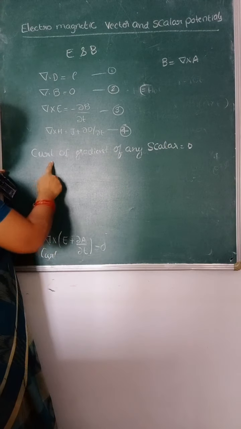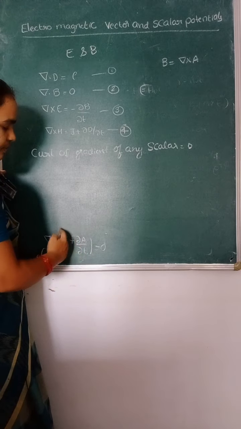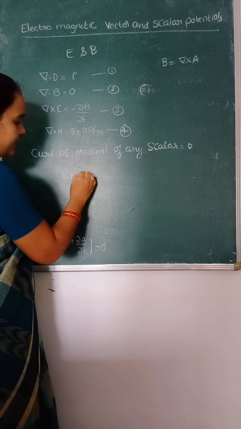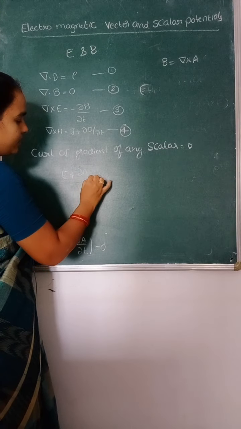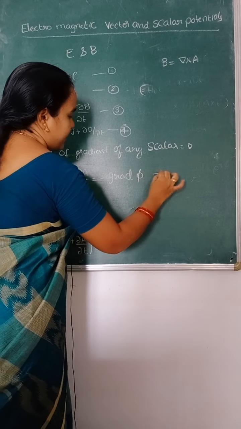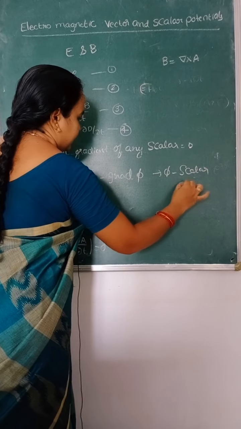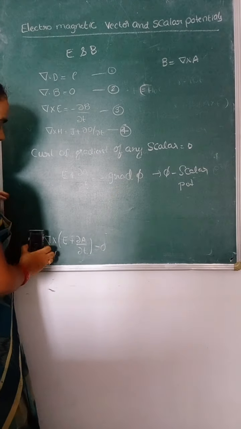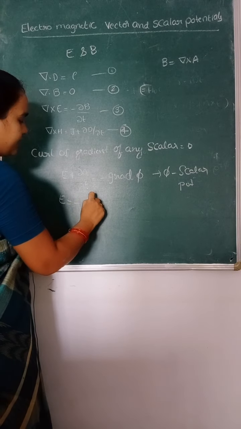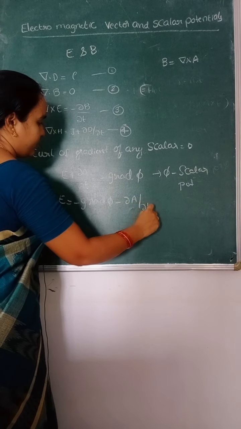If you compare that, this should be equivalent to the gradient of some scalar. Let us assume that E plus dou A by dou t is equal to minus gradient of phi, where phi is called the scalar potential. Then E is equal to minus gradient of phi minus dou A by dou t.